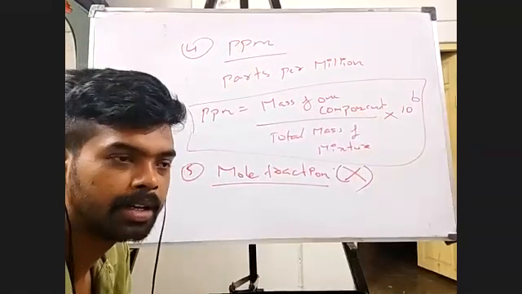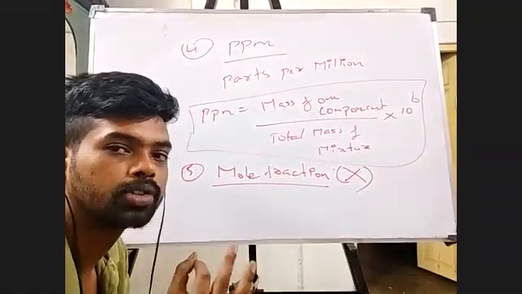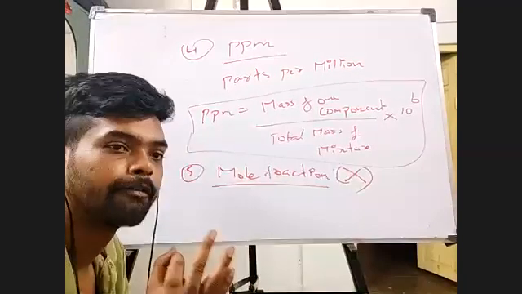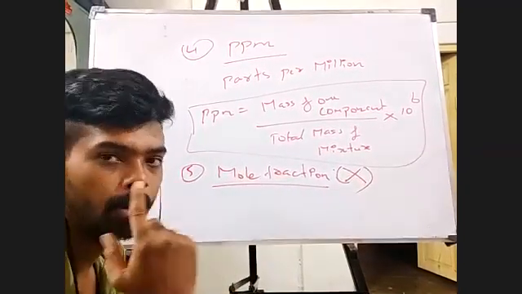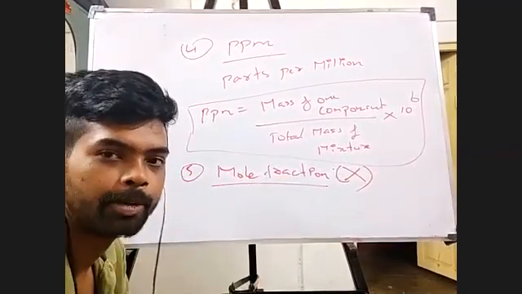Again, I repeat the statement: it is the number of moles of a component in a mixture when the total number of moles of the mixture is 1 mole. Are you able to understand?